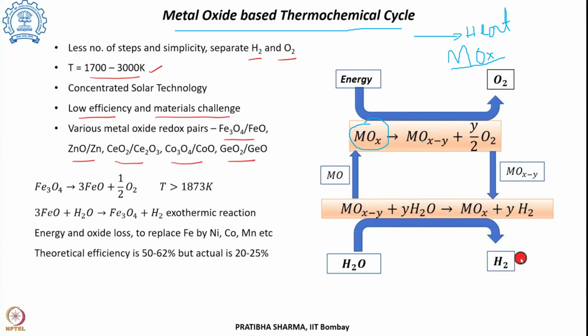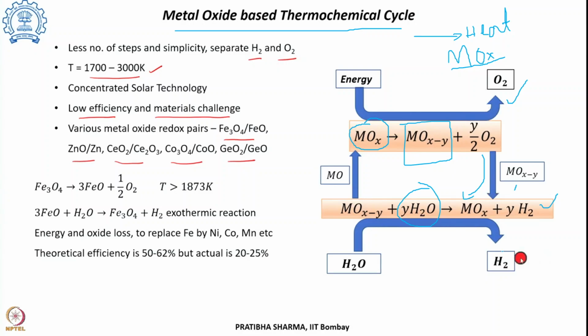MOX minus Y, that is Y by 2 oxygen, is produced. Then this MOX minus Y will participate in the process. It will react with the water molecules, go through the hydrolysis reaction, and regenerate the MOX for the starting reaction, along with hydrogen gas.